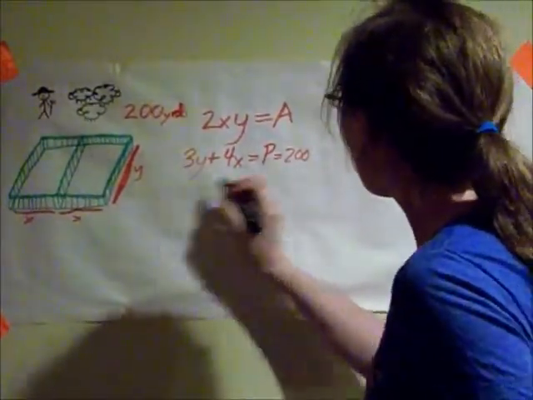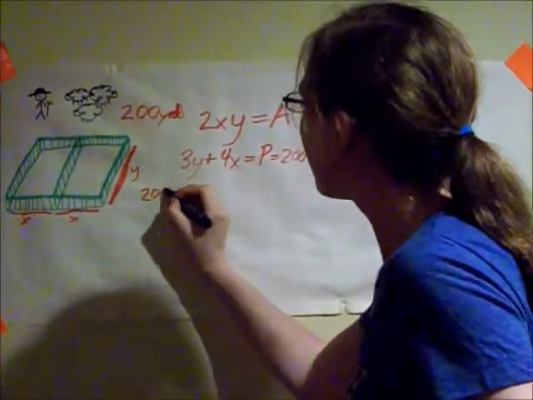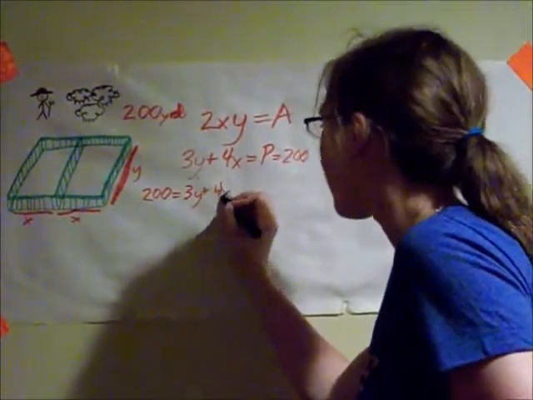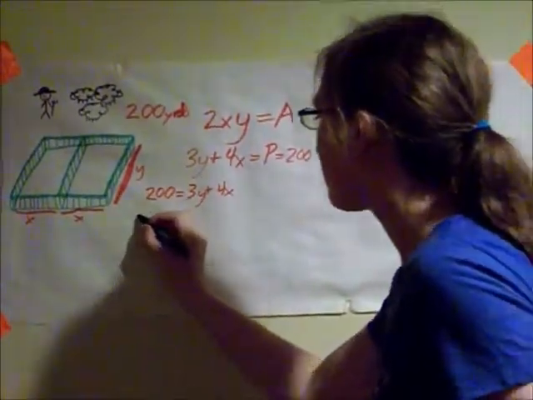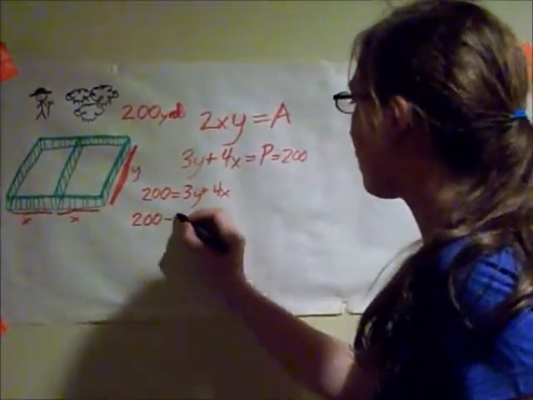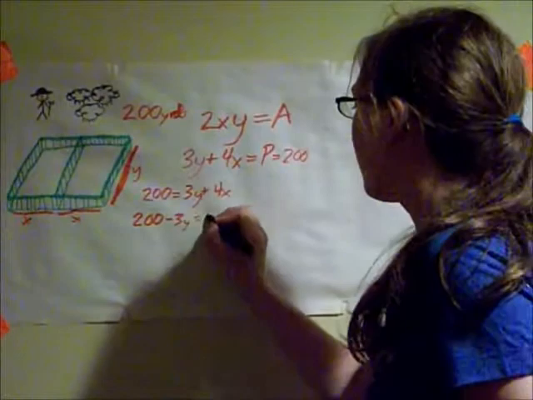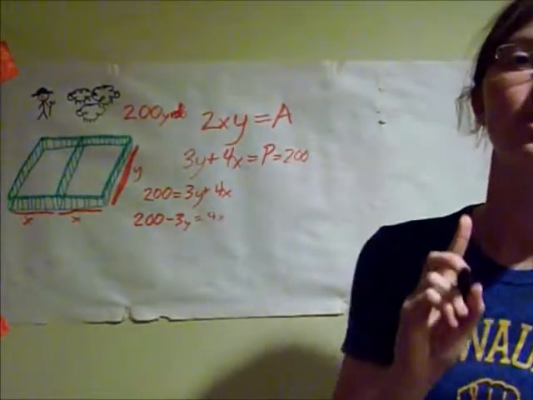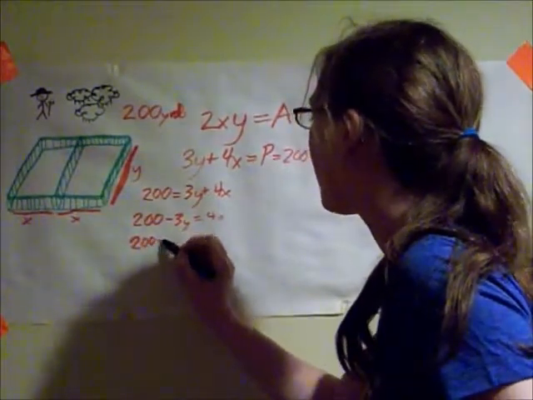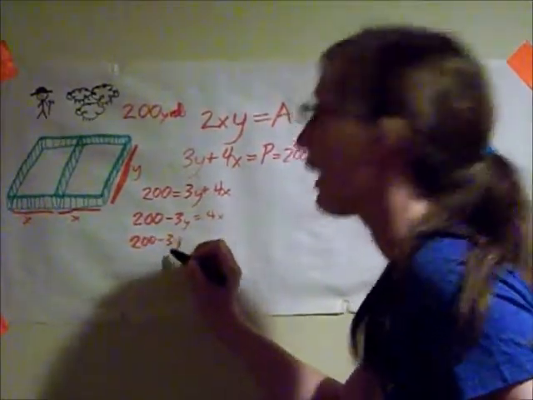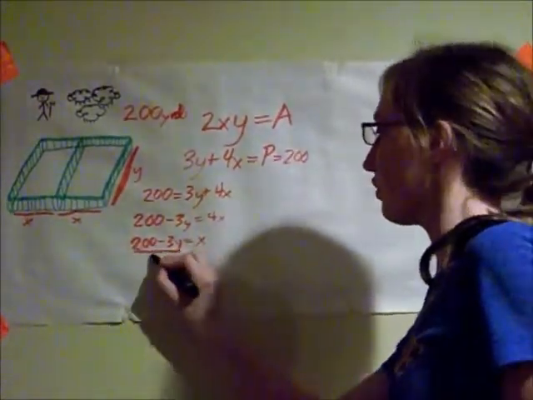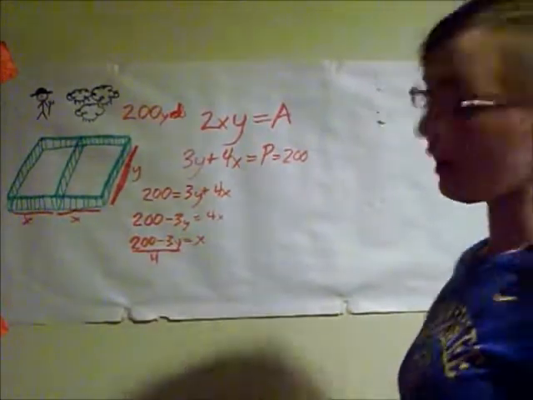So if we have 200 equals 3y plus 4x, I'm going to subtract the 3y, which would be 200 minus 3y equals 4x, and then I'm going to divide by 4, which would be 200 minus 3y equals x, or actually you have to divide by 4 too. Can't forget about that. So that's our value for x.